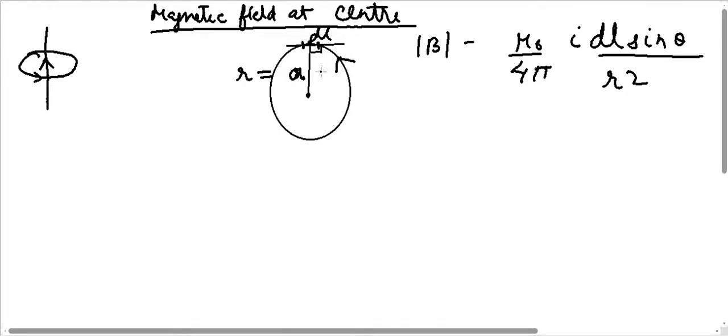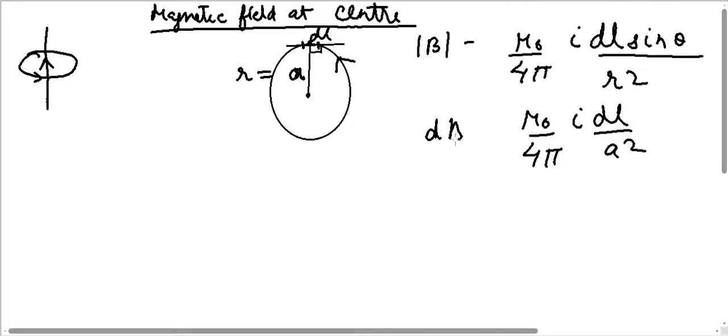The r vector makes an angle of 90 degrees, so sine of 90 degrees is 1. So this will just become mu naught by 4 pi I dl by a squared. This is the small magnetic field due to this small element dl.